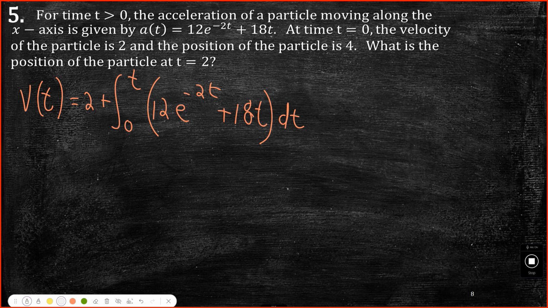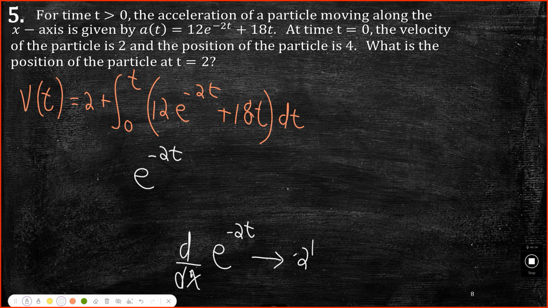Interesting. Very interesting. So when you integrate, it's going to be e to the negative 2t. But when we took the derivative, what was it? Say when we took the derivative of e to the negative 2t, what's the derivative of this? Negative 2t e to the negative 2t.